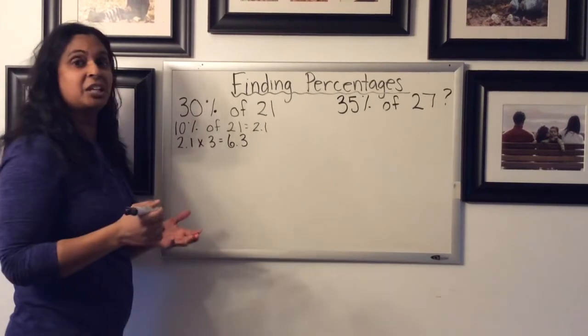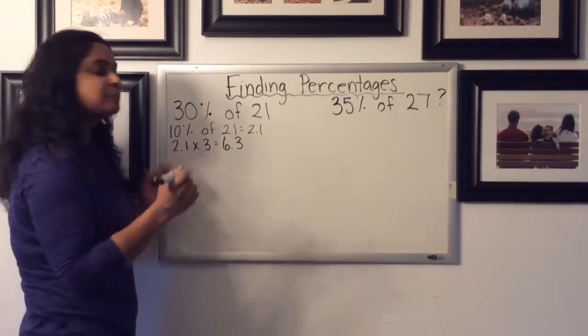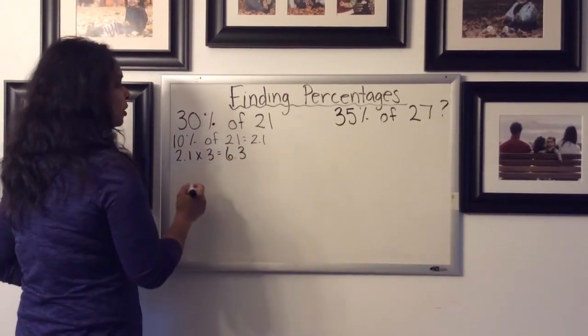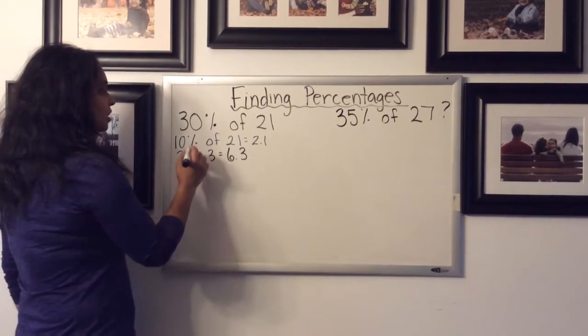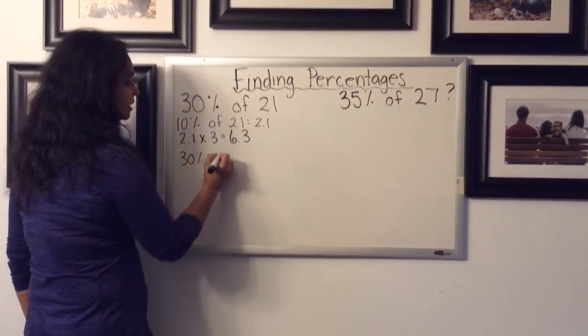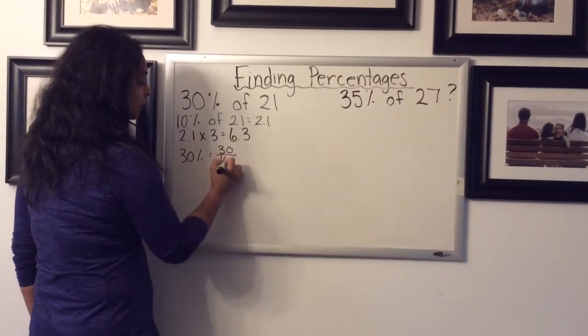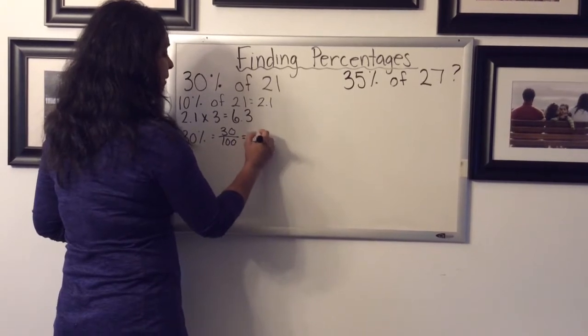You're actually going to use long multiplication to figure it out. But I want to do a little bit of explaining first to show you how we're going to do our numbers and use the method that they're asking. So 30% we know is 30 out of 100, or 30 hundredths. In decimal form, it would be 0.30.